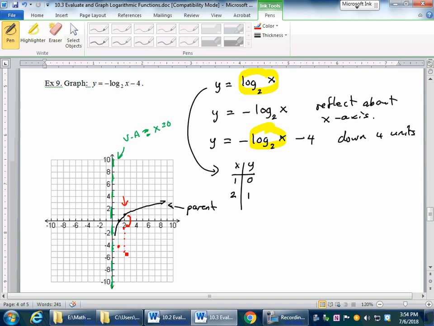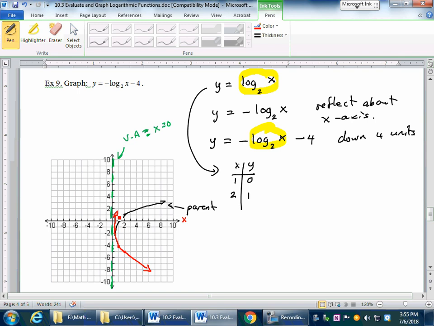So my final graph after the transformation is going to look like this. Since the graph is flipped about the x-axis, the graph will look like this. I cannot draw very neatly, that's a problem. So this is how the graph is going to look.